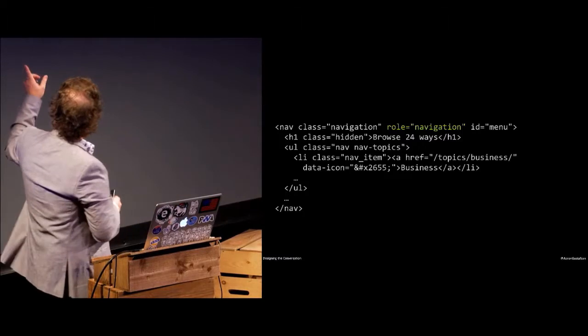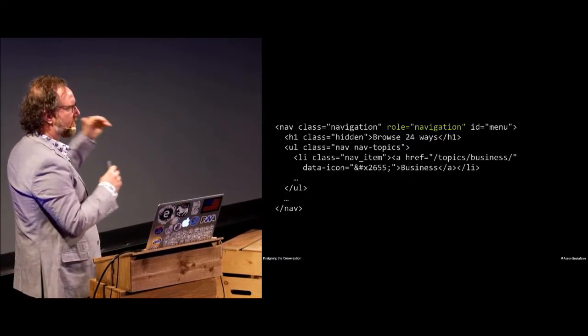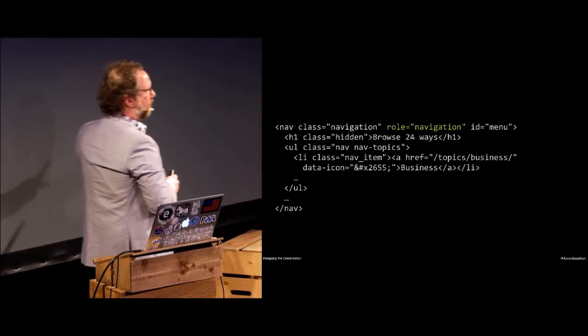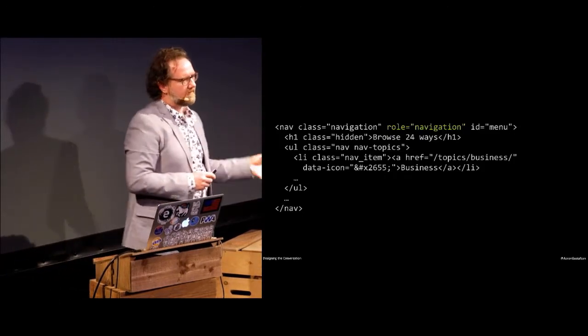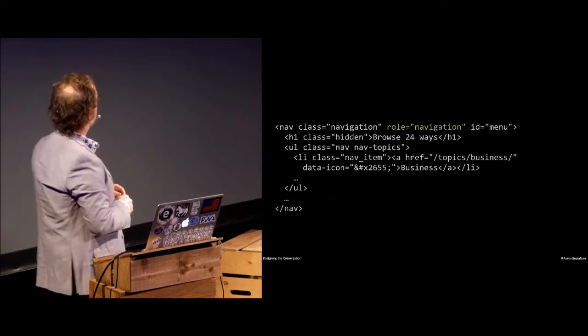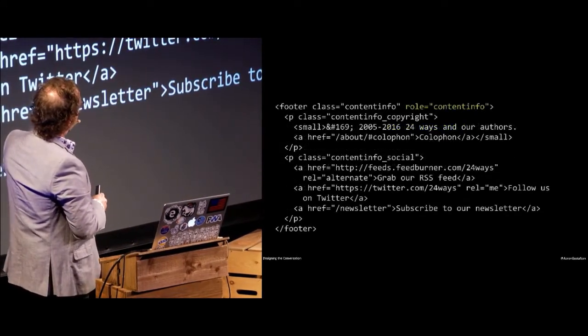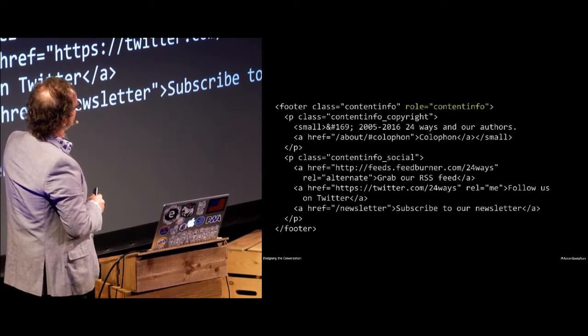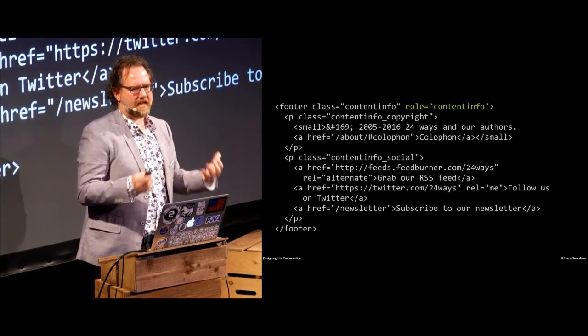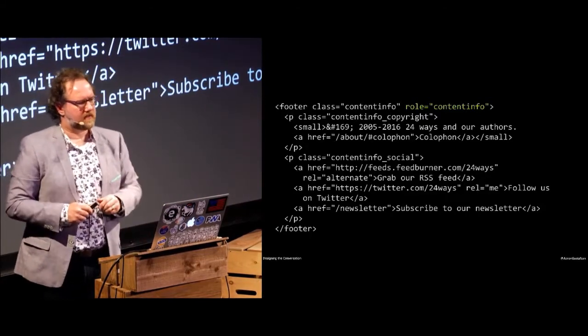So the nav element in this case with the role of navigation, just kind of covering all the bases, making sure even if we've got older assistive technology or an older browser that doesn't understand HTML5 but does understand ARIA, we can still make sure that information is exposed. And then the copyright information and such is exposed as content info, which is sort of the additional meta information, copyright designations, and such. And here's how users can experience that.